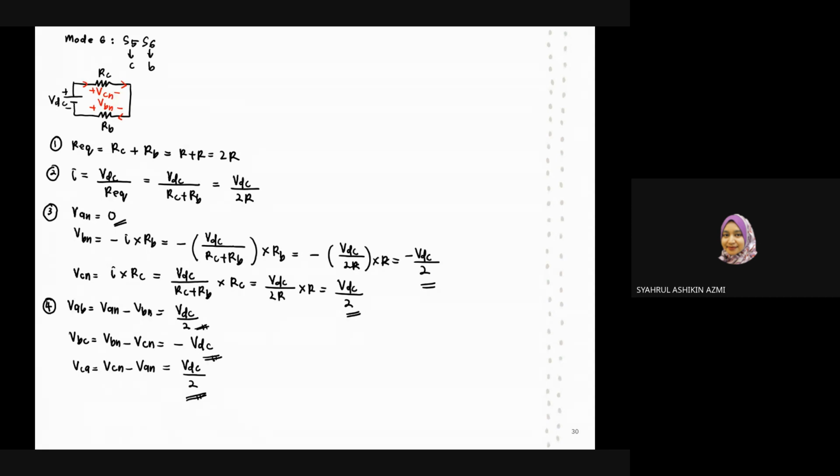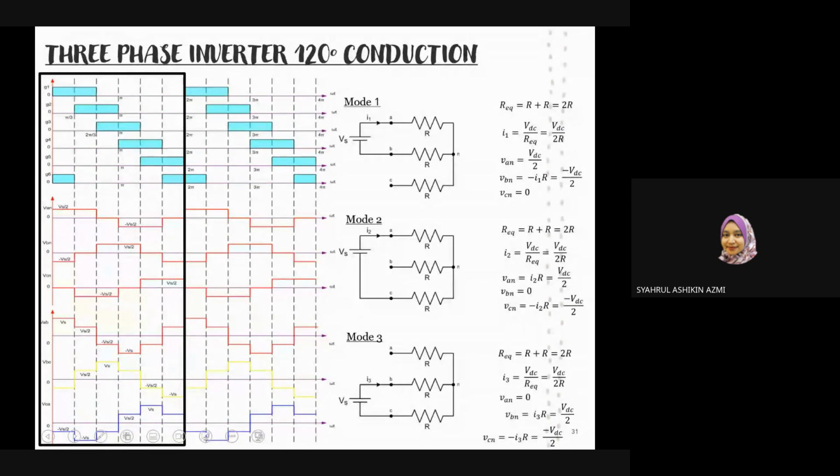Right, so basically we have a complete analysis covering mode 1 to mode 6 for the inverter with 180-degree conduction. Next, this is the waveform of the inverter with 120.